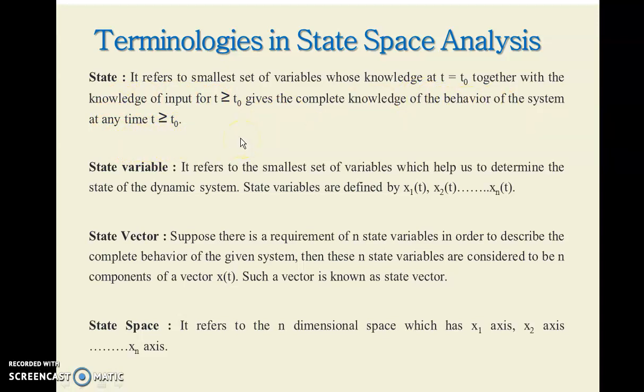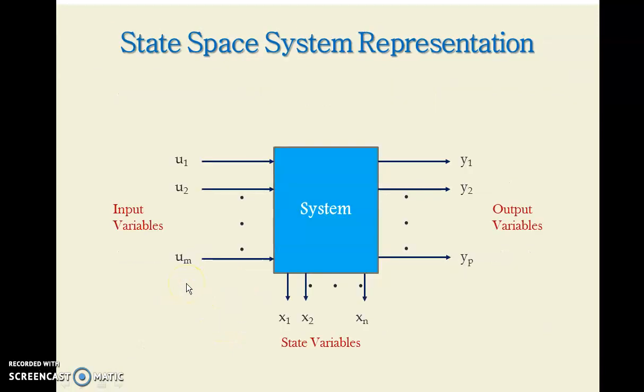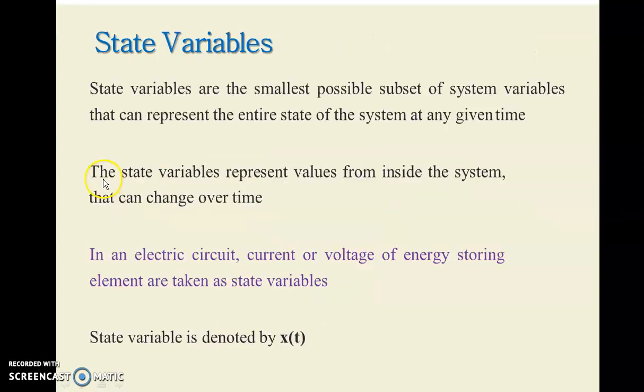So this is how we can combine these three together. There is something known as state space. It refers to an n-dimensional space which has the state variables as its axes. So in state space, the system is represented like it has input variables, state variables, and a set of output variables. Let's try to understand the significance of all these three quantities further.